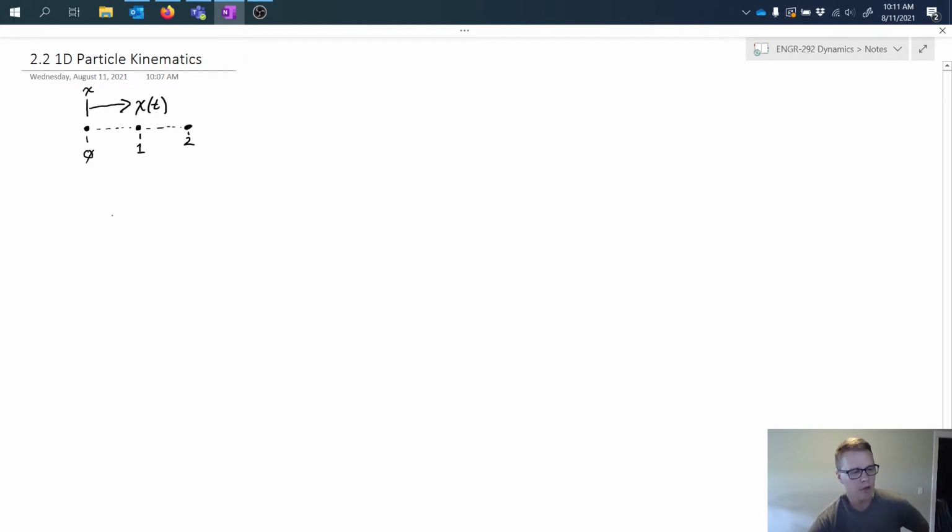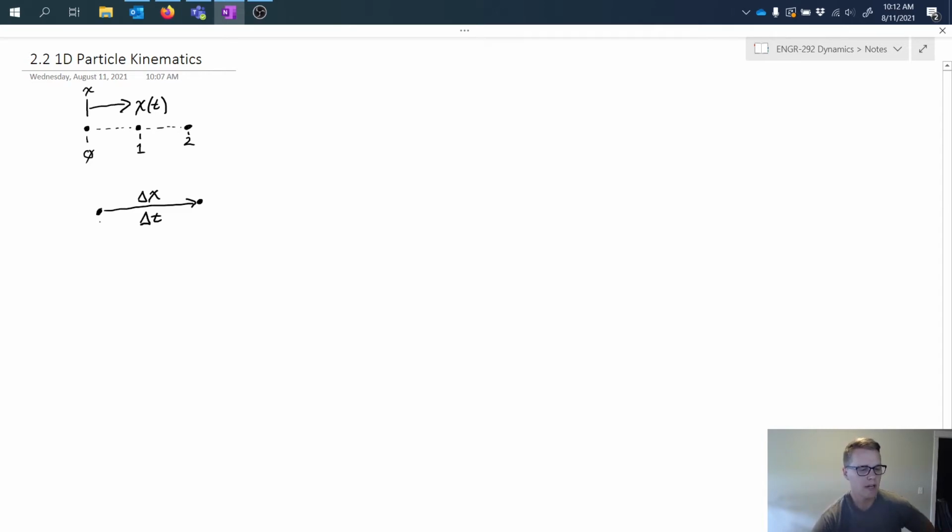As a particle moves along from one position to another position, we can also write this as delta x. The uppercase delta here indicates change, so this means a change in x. As I've gone from this position on the left to the position on the right, my x has changed. At the same time, we have had a delta t occur, so some time has passed as the particle has moved from left to right.